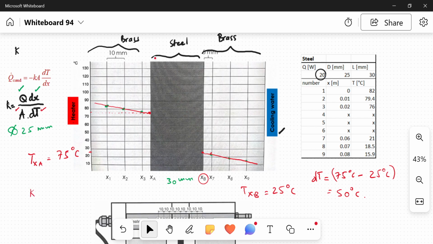Of course, the K value you found in this experiment will not be perfectly aligned with the number you found in software or technical papers, so you need to justify how you got that error. One possibility could be the thermal resistance at the surface between two types of material.